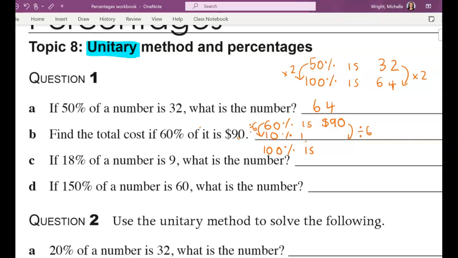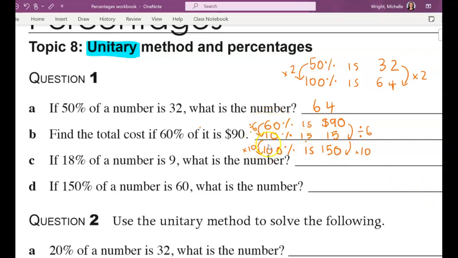What's 90 divided by 6? That's 15. So we now know that 10% is 15. So what do I do to 10 to turn it to 100? I times by 10. So I'm going to times 15 by 10, and that will get me 150.